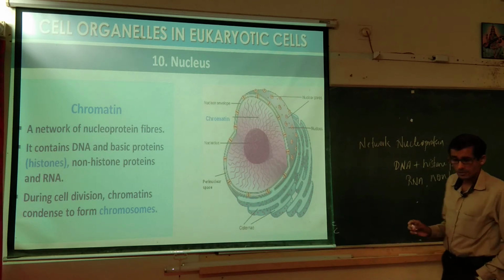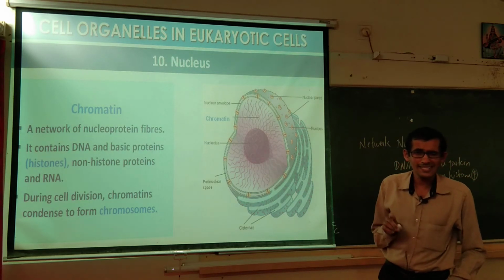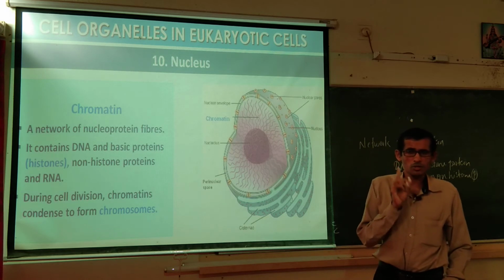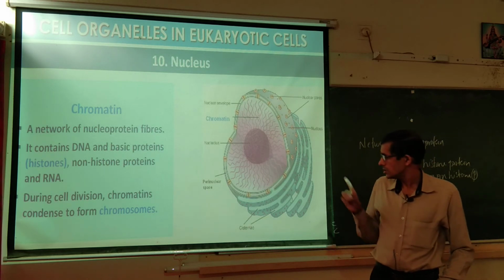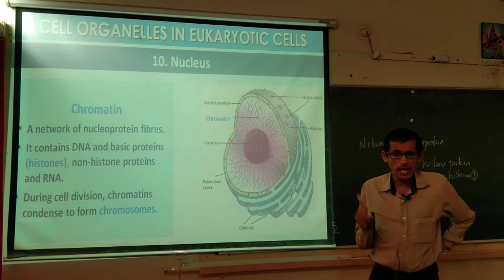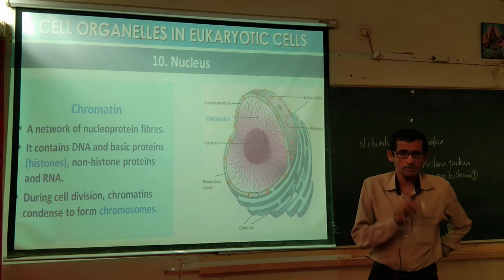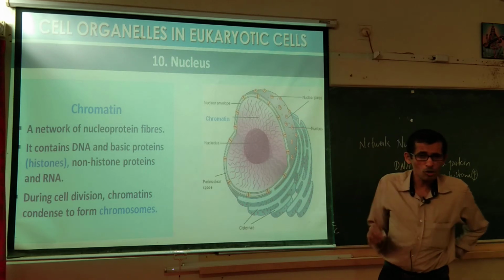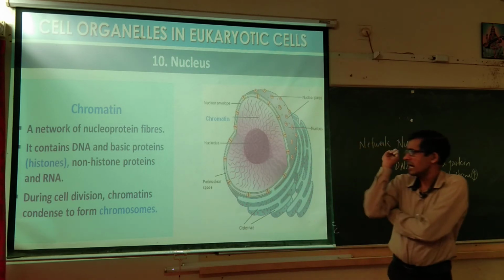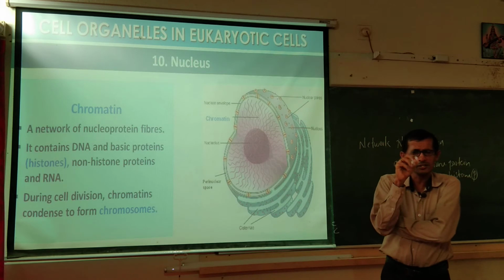So, here the histone protein is present associated with the DNA. Histone proteins are positively charged particles, and DNA is a negatively charged particle. So, wrapping of DNA around histone protein is going to be there under chromatin. Okay. That is the nucleosome model, we will study that one in the second year.